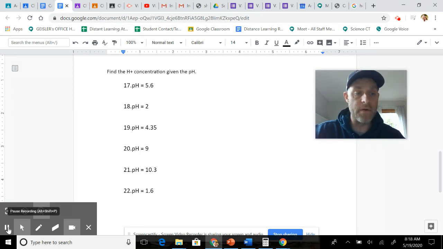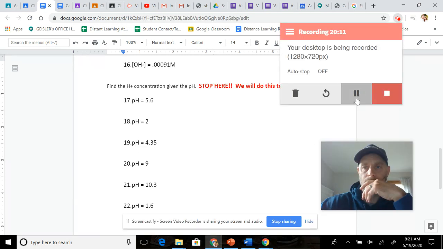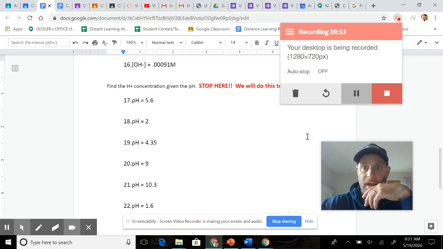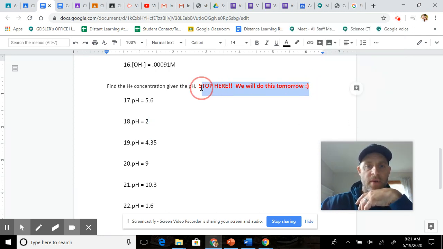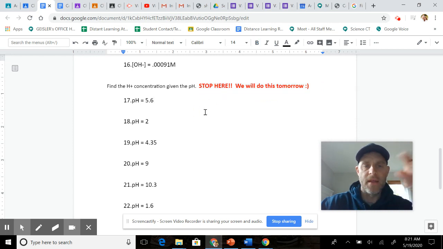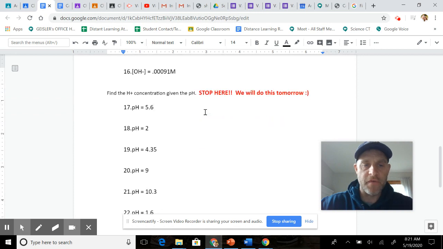Okay, almost done. Last thing it says is find the H plus concentration given the pH. Well, hey, what just happened? Here's what I want to do. I want to push stop. This going from pH to concentration, we will do tomorrow. I know it says 1 through 16, but forget it.